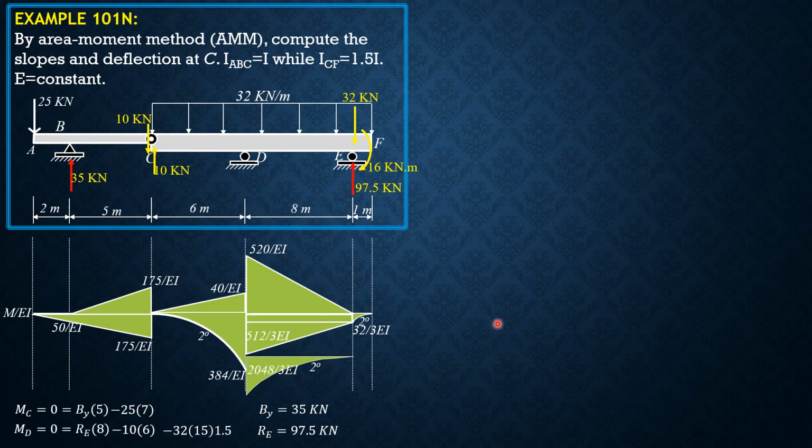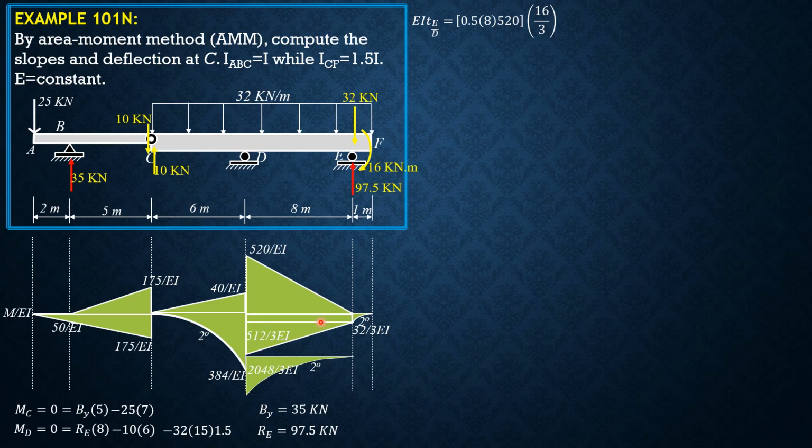There are so many areas. But if we consider only a portion of the beam, then we can reduce the areas as well as the location of the centroids. So EI times the deviation of E relative to the tangent at D is, first, this positive area, 0.5 of 8 times 520 times moment arm 2/3 of 8, so 16/3.